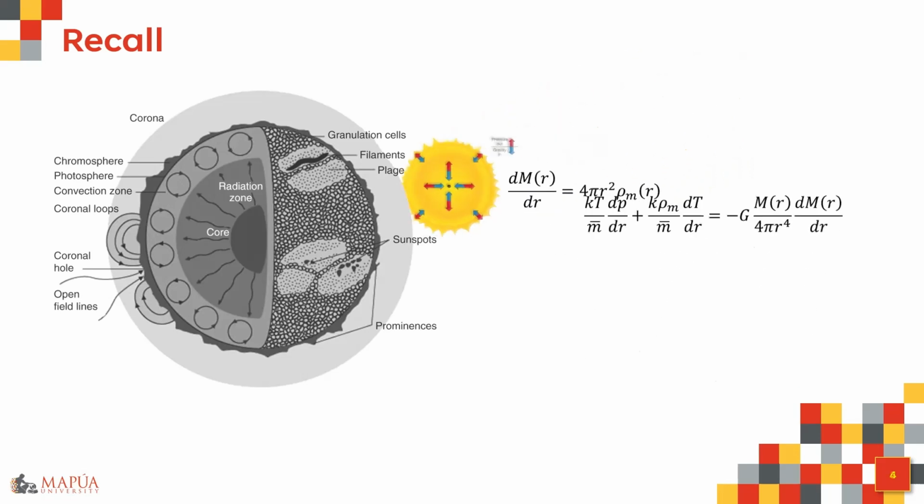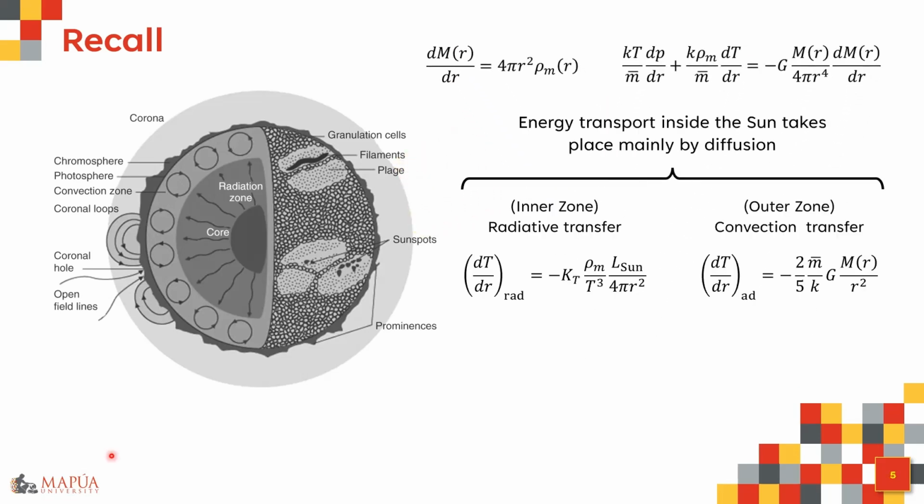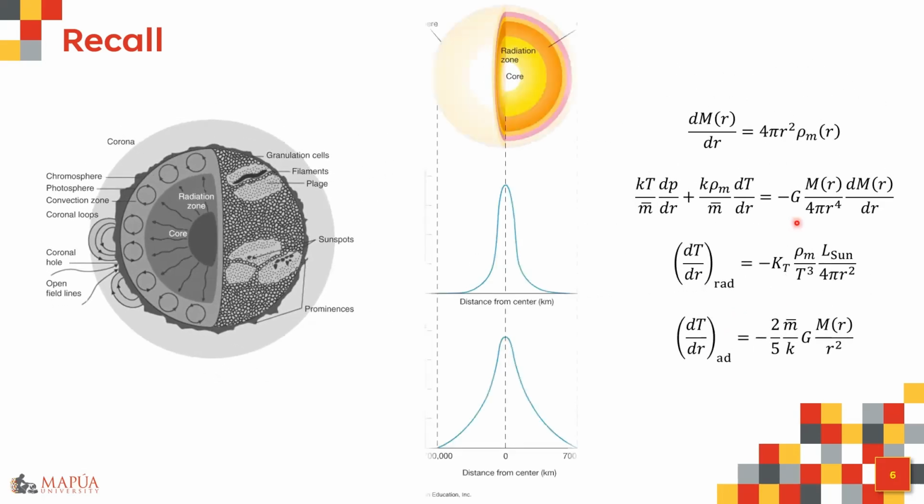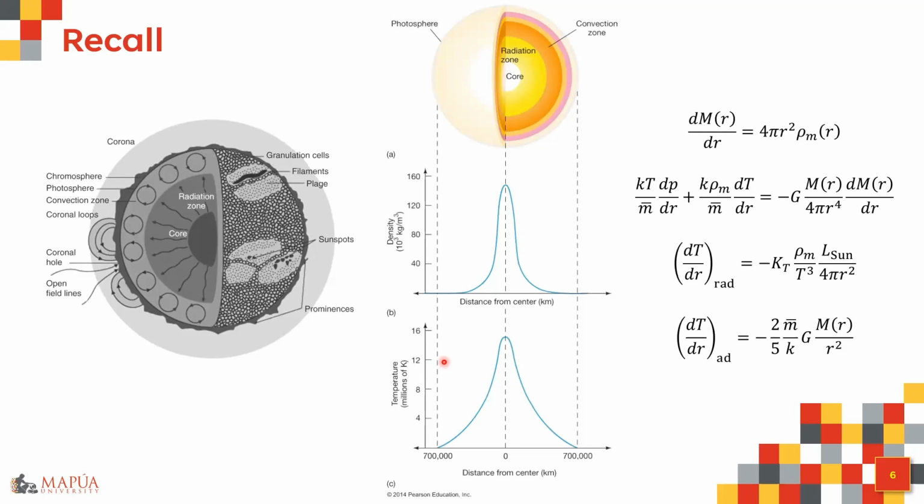Through the radiation zone and convection zone, we were able to derive how the temperature varies with the distance from the center of the sun. So these four equations are used to estimate how density, temperature, and consequently pressure as well as mass vary with distance from the center of the sun. So this is basically what we discussed last week.